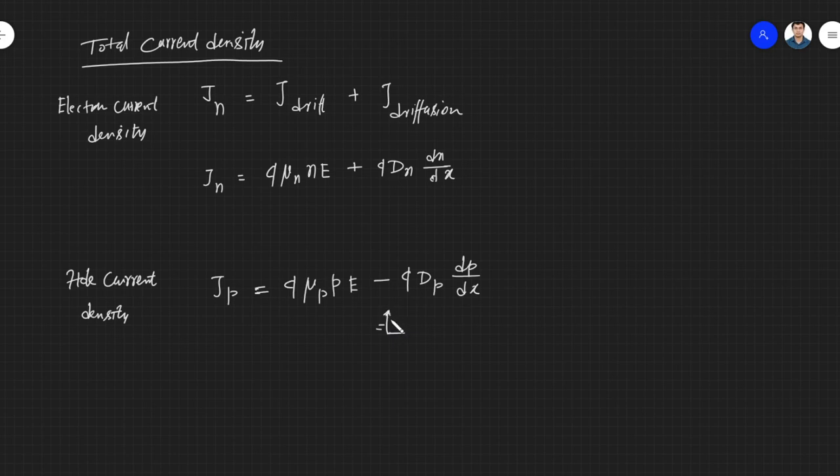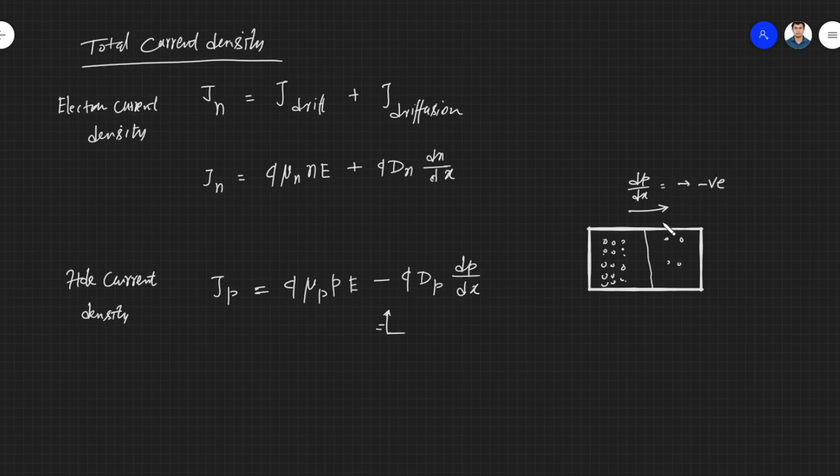Hole diffusion current: because for the holes, let's say here we have more holes in this region, and in this region we have fewer holes. The concentration gradient, if you see in this direction, goes from higher to lower, so the gradient dp/dx in this direction will be negative, right?